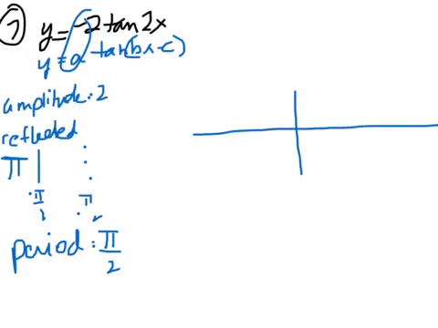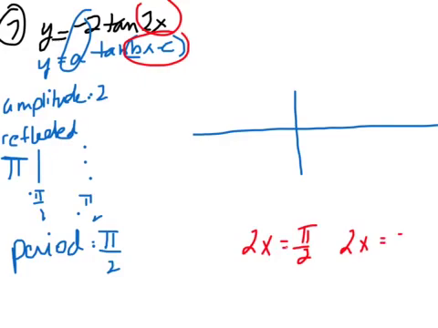So, if we want to graph this, the book gives some suggestions, and let's see if this helps us at all. I've never done it this way, but I mentioned in class the other day that you could. If you want to find your equations, take this bx minus c part right here, and because my normal asymptotes are at pi halves and minus pi halves, set 2x equal to pi halves, because that's where normally one asymptote would be, and then set it equal to the other asymptote.